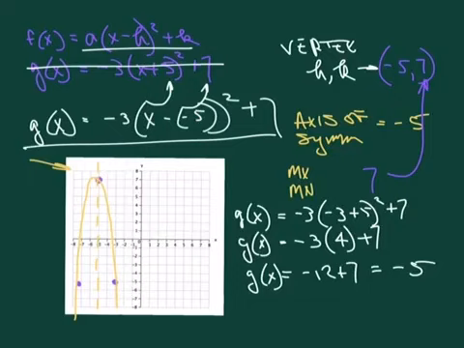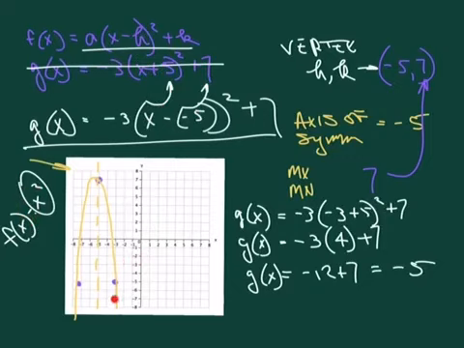But before I do that, I do want to make a couple comments here. Look where this is. If this were over in the x squared, remember how I said our base or our foundation was f of x equals x squared, and we just did a whole bunch to the x squared. We added 5, we multiplied it by negative 3, we added 7.